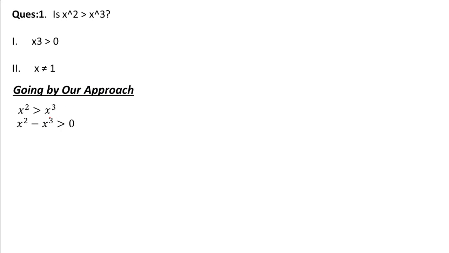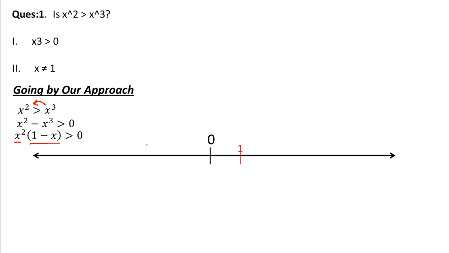Going by our approach, we took x to the power 3 on the left hand side, then we took x to the power 2 common and inside the brackets we are left with 1 minus x. So x square multiplied by 1 minus x. We need to tell whether this is greater than 0 or not.